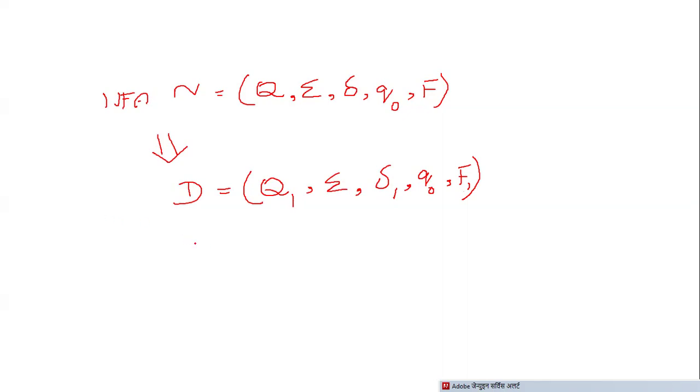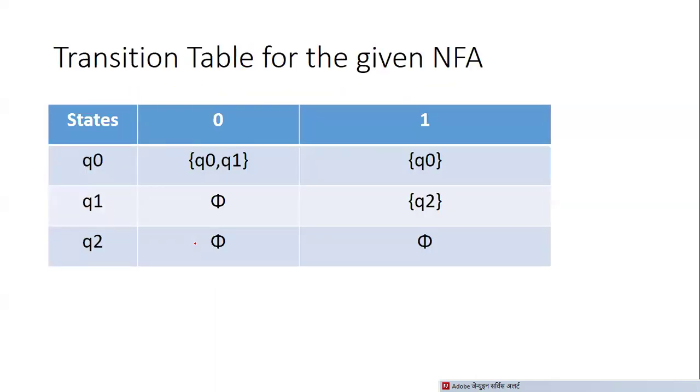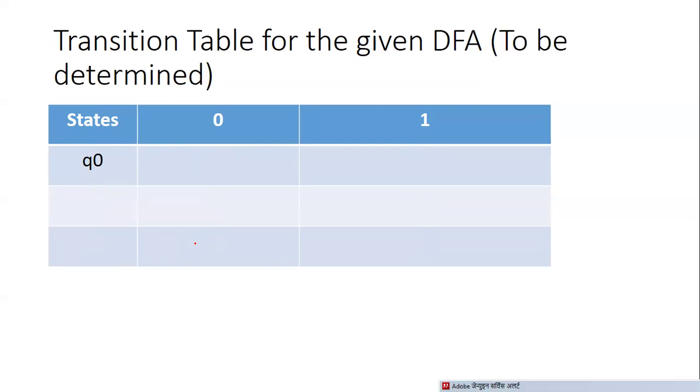So, let us take the problem. This is the transition table for the given NFA. For Q0, if I give input 0, it can either go to Q0 or Q1. If I give input 1 to Q0, it will go to Q0. Similarly for Q1 and Q2. This is the transition table for the given NFA.